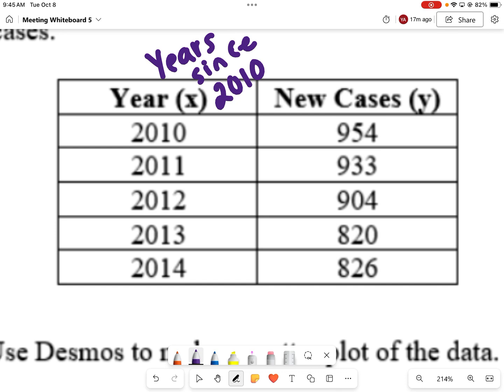If it's 2010, this X value would be 0, so we're going to make this simpler. Years since 2010, if it's 2011, 1. 2012, 2013, and 2014. All right, so that is the table I'm going to use now.